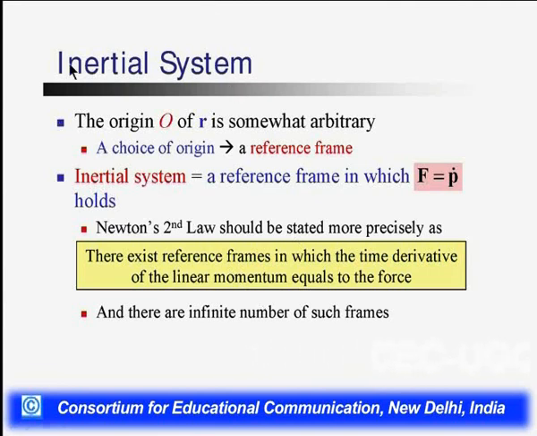Again I repeat, the inertial systems are those where we take F is equal to P dot, which obeys Newton's second law, which explains that there exist reference frames in which the time derivative of the linear momentum is equal to the force.